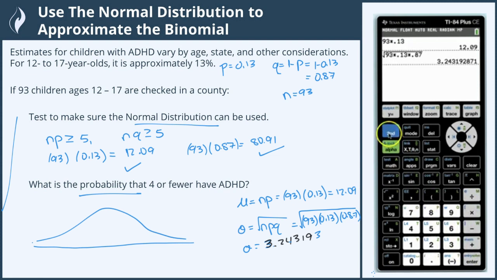When I'm doing binomial with a normal distribution approximation, I like to draw my curve. The center of my curve is my mean, which is 12.09. But the value we're asked about is 4, so I'll put that in red. 4 is going to be over here, figure not drawn to scale.